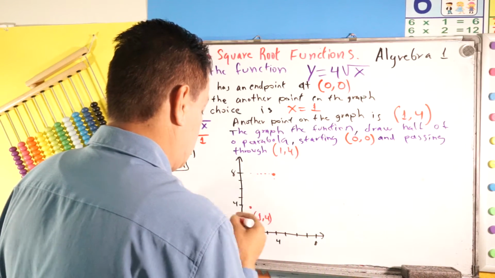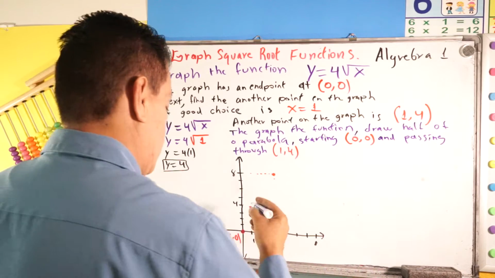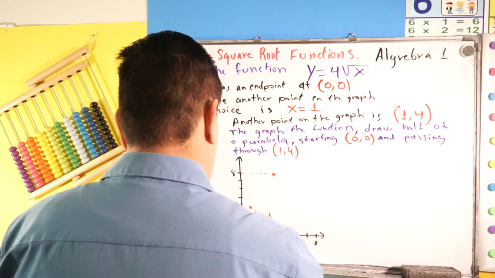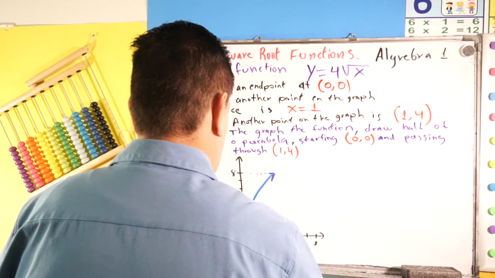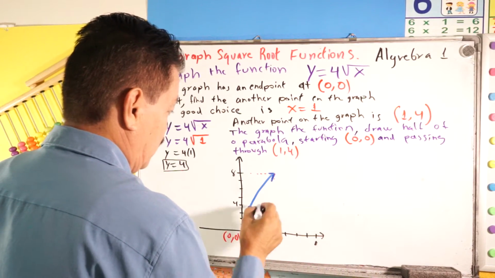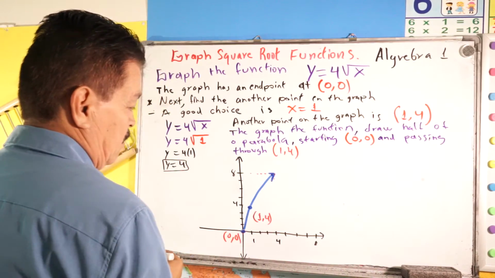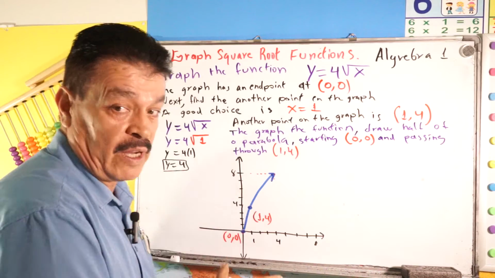So the graph is something like this: one point here, another point here, another over here. This is the graph of the function.